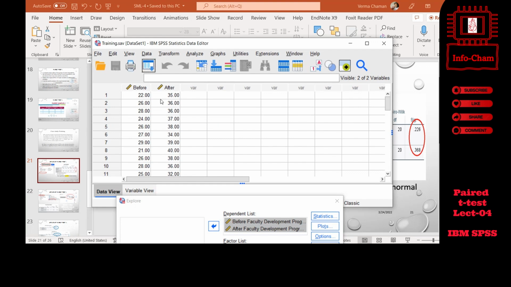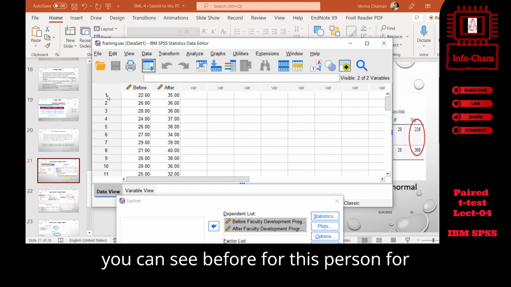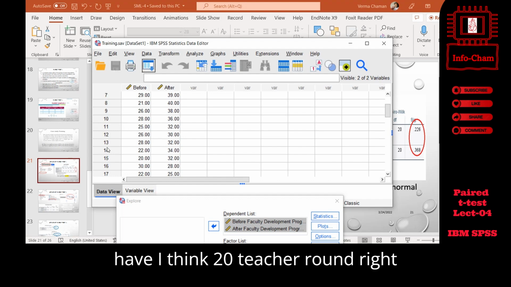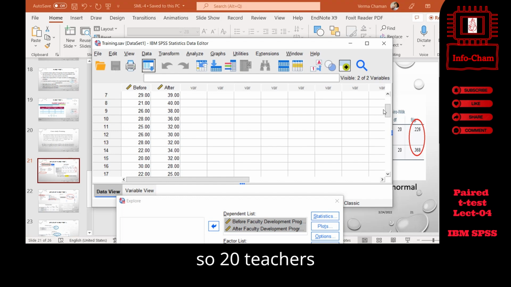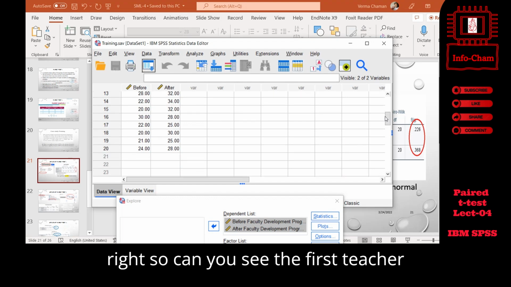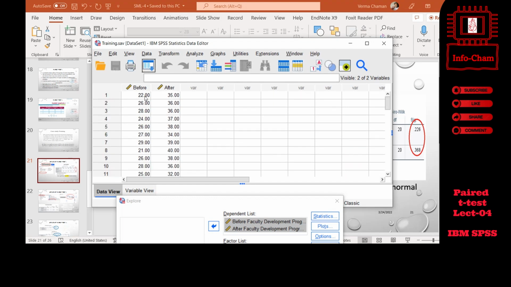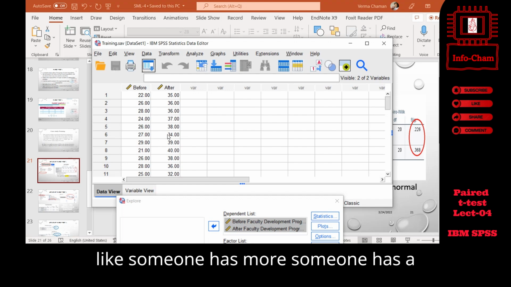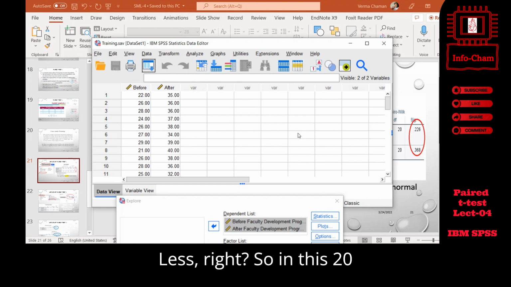So how many teachers do we have? I think around 20 teachers, right? Can you see the first teacher? The attitude increased from 22 to 35. I think all the teachers have some increment, someone has more, someone has less, right?